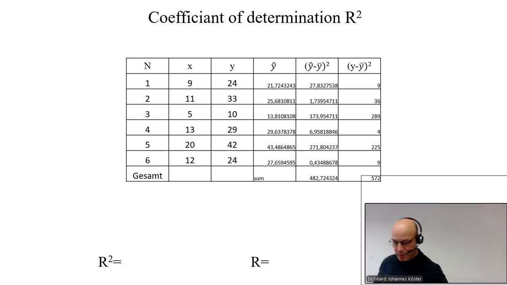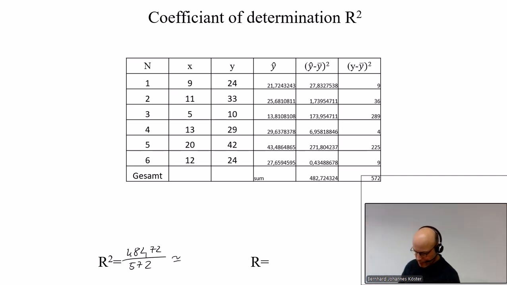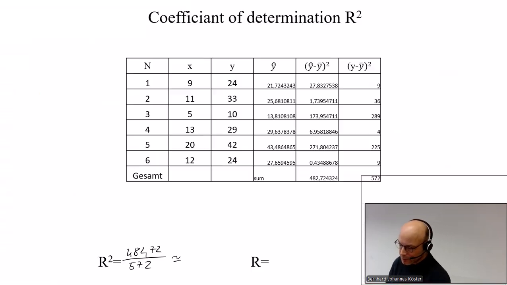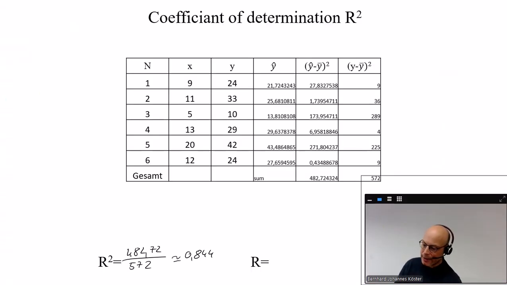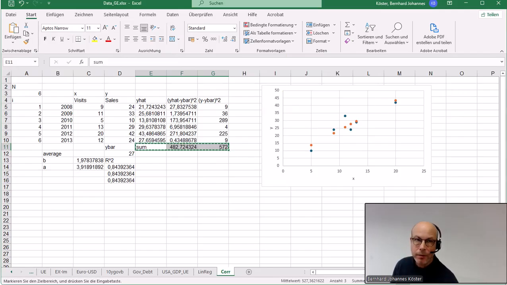And then we obtain 482.72 divided by 570, which is roughly 0.844. What would be then r? Of course, the square root, and we know also the sign, since we know that this is a positive dependence.